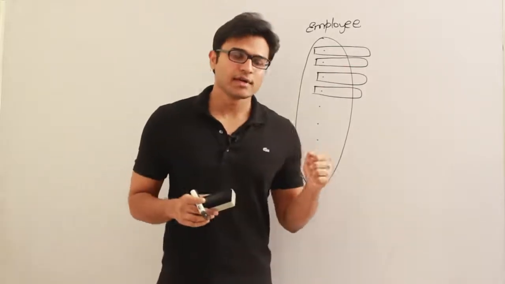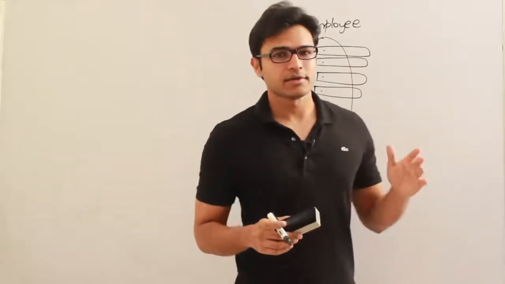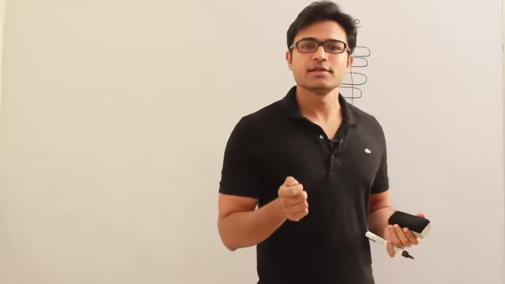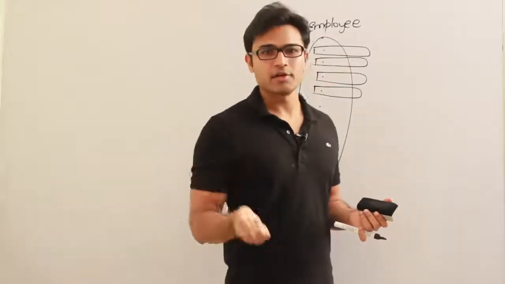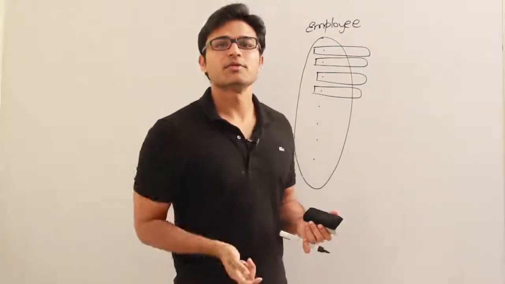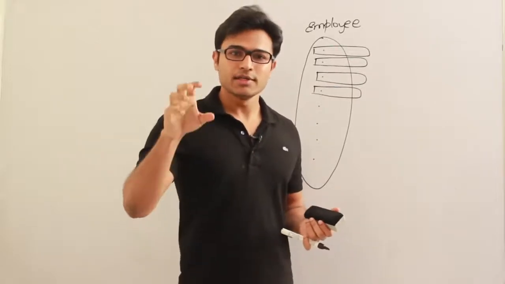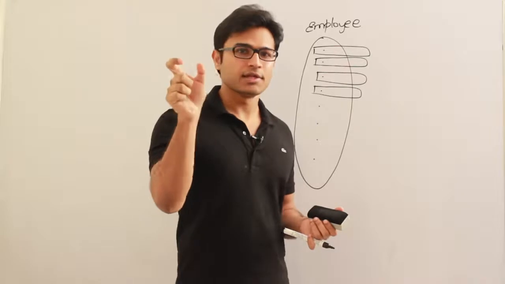Now, how do we decide which one is going to be the key attribute? Again, from the requirement analysis. Whenever you talk to the users, they are going to say that we have these many employees, and out of all these employees, we are going to give them some identity cards, and every identity card is going to have a unique number which is going to identify them. So depending on that, we'll set one of the attributes as the key attribute.